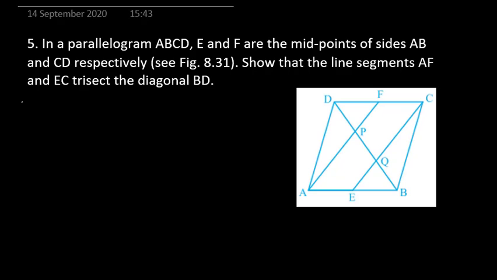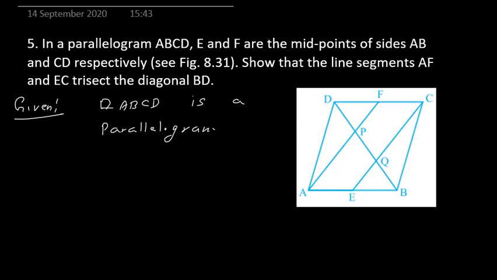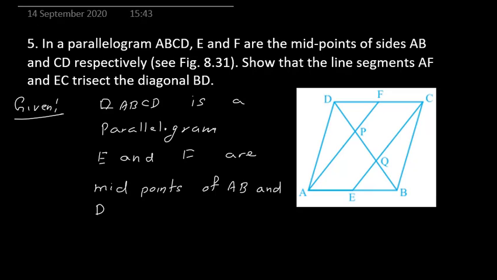So let us first consider what is given. ABCD is a parallelogram. Next, E and F are the midpoints of AB and DC. This is given.